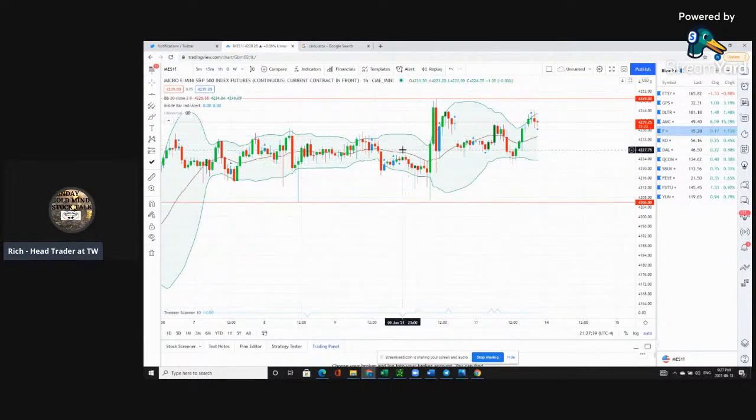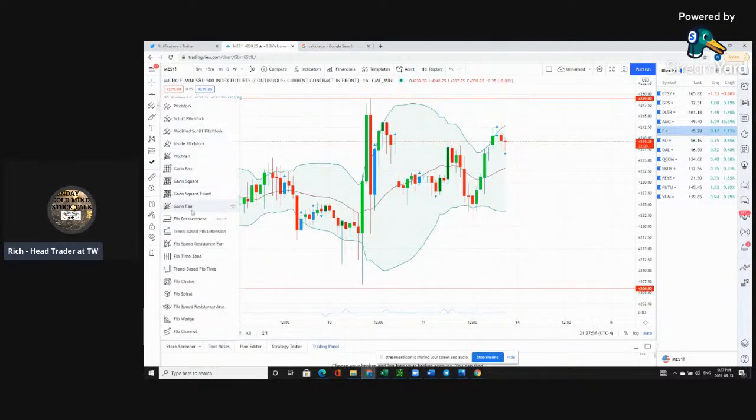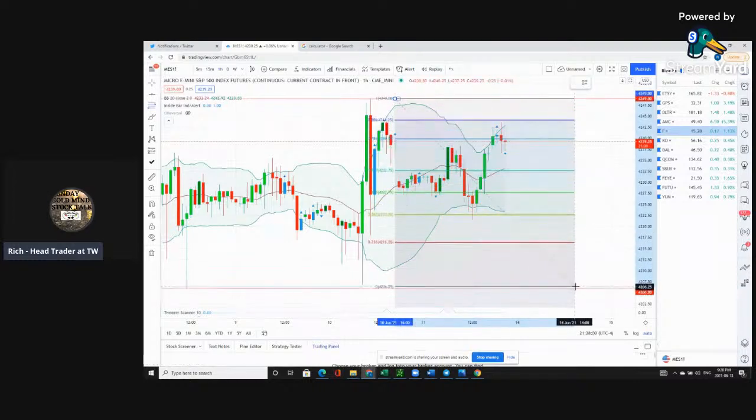What that basically means is there's going to be a lot of chop again because it's an inside open. Whenever we open within the previous week's range, it's going to be hard to break out immediately, either break the high or break the low, but we want to keep our eyes on the high 42.49 and the low 42.06. So what else I would do here is draw the fib from the high to the low.